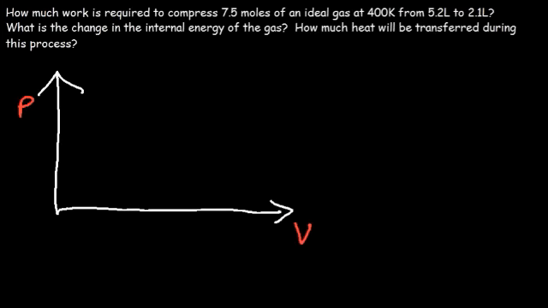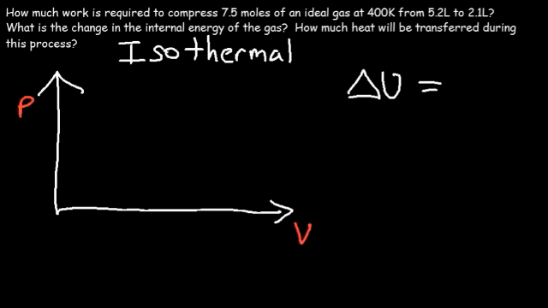Notice that the temperature is constant. Under constant temperature conditions, we have an isothermal process. And during an isothermal process, the change in internal energy is 0. So that's the answer for the second part of the problem.